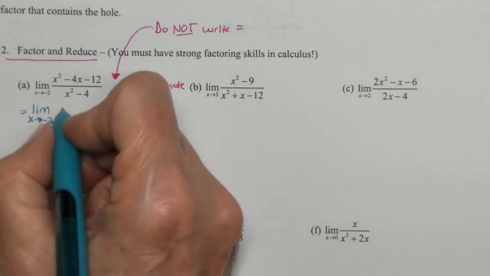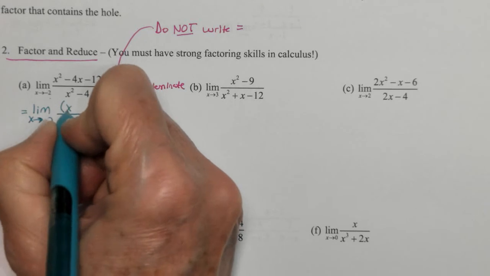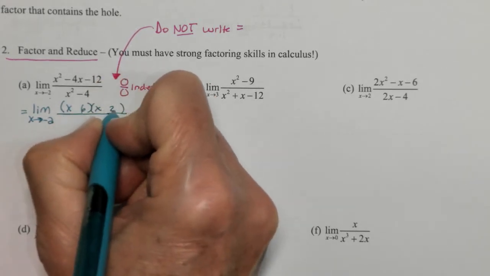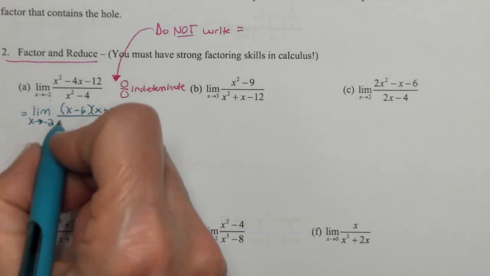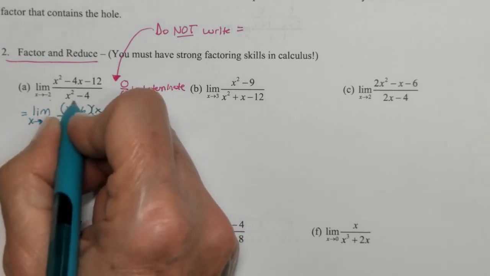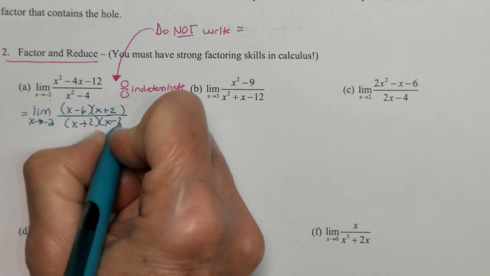So I'm going to factor the numerator. The numerator will factor to an x and an x, a 6 and a 2, and the 6 needs to be a minus. And the denominator is a difference of squares, so this would be x plus 2, x minus 2.